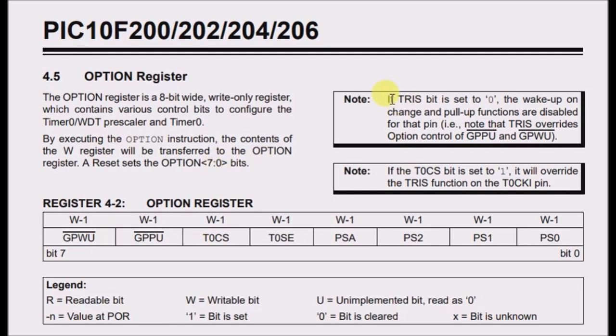Note, if the TRIS bit is set to 0, the wake up on change and pull up functions are disabled for that pin, i.e., note that TRIS overrides OPTION control of GPPU and GPWU. These two. If the T0CS bit is set to 1, it will override the TRIS function on the T0CKI pin.